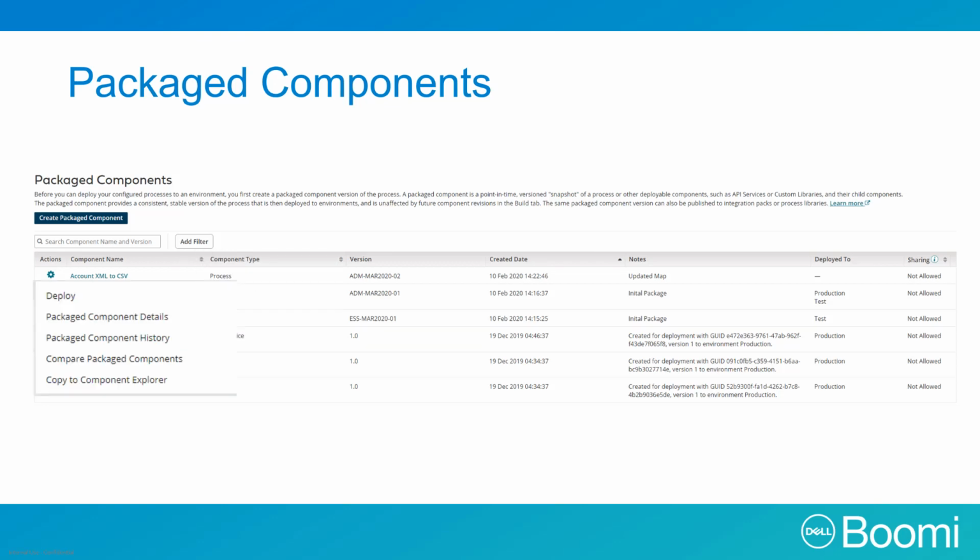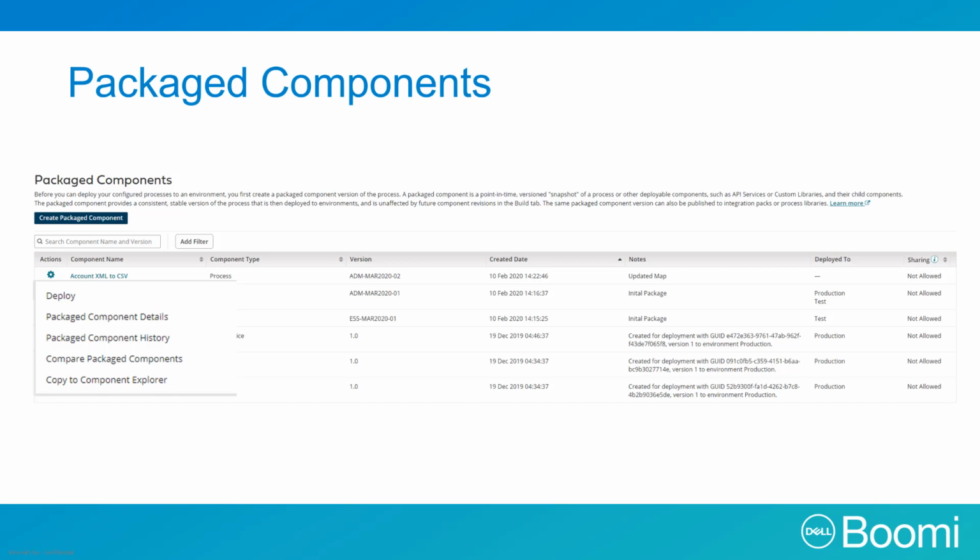For each packaged component, the Actions menu allows you to deploy the packaged component, view the details for the packaged version, including any sub-components and the current deployment usage. You can view historical details of all packaged component versions created for the selected component. Use the search filters to easily find specific versions of your packaged component or to filter versions based upon sharing capabilities.